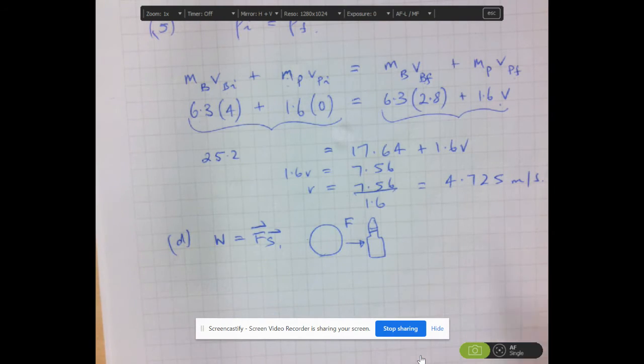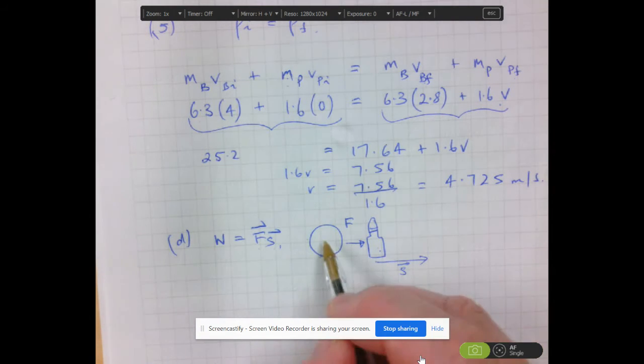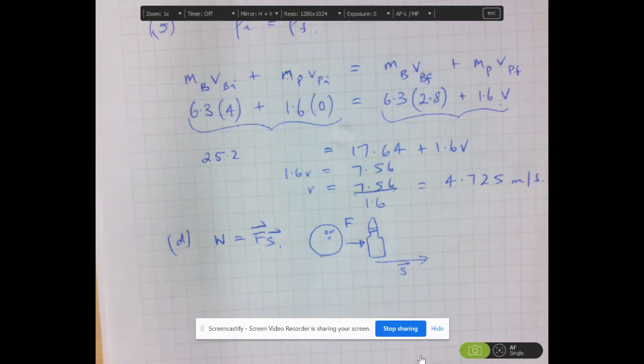And the answer is yes, because we know that this pin moves. Does the pin now move through a displacement? Yes, it does, because it moves. If it moves, it must be being displaced. So we know that there is a force because this pin moves and it is being displaced, therefore work is being done. So the bowling ball, these are 3 finger holes, does work on the pin. Okay, that's the reason why we can be sure of that.